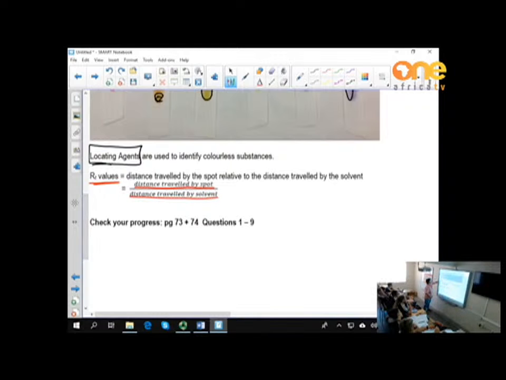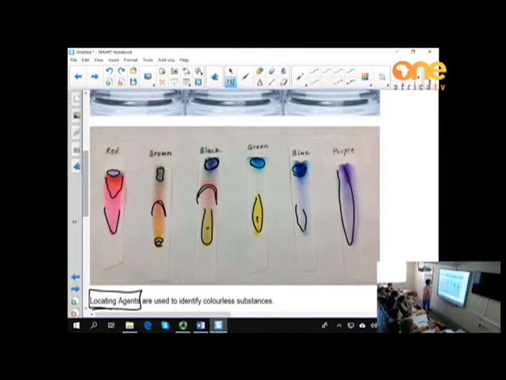Let's go back to our chromatograms. Let's say we want to get the RF value for this pink color. Because the spots spread and elongate, we will work more or less from the center of the spot, so that we can do it consistently with all the spots.